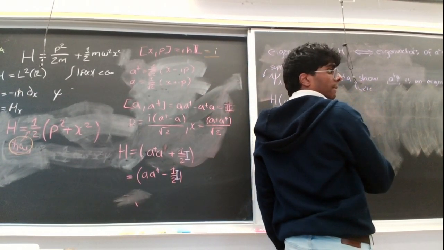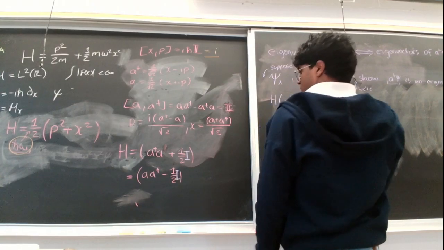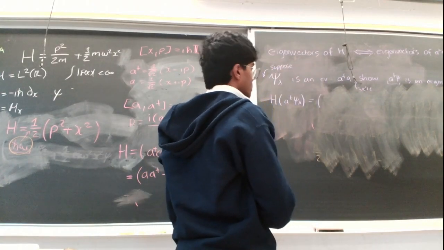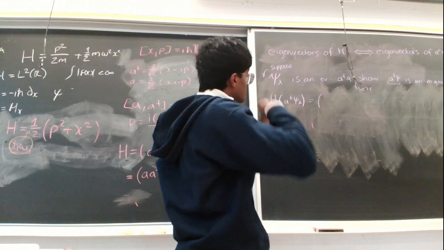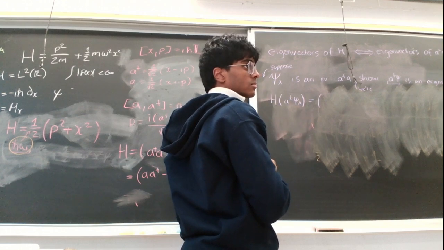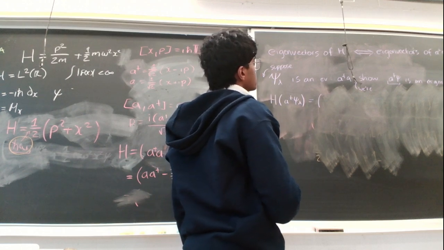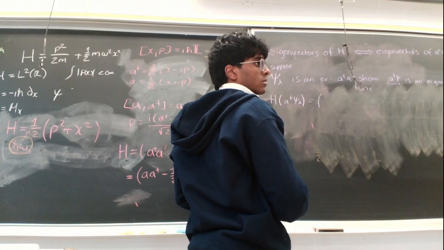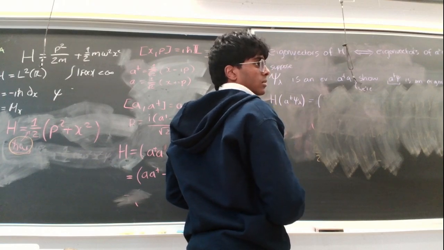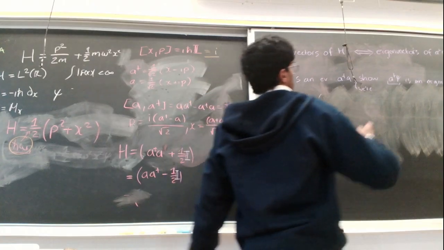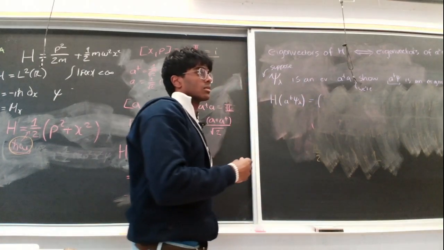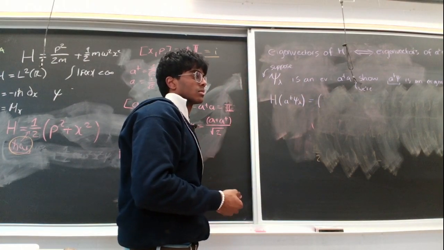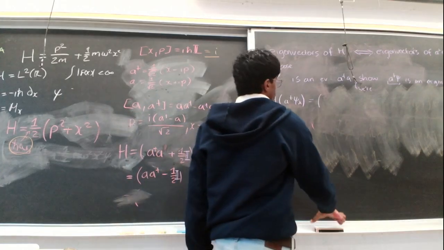Write A dagger A instead of H, without the half. The whole point of finding eigenvectors of H versus eigenvectors of A dagger A was to search for eigenvectors of A dagger A, so you don't have to write down a random 1/2 everywhere. Yeah, but won't the eigenvalue depend on that 1/2? It will just be shifted by 1/2. Okay, I can just add the 1/2 at the end.